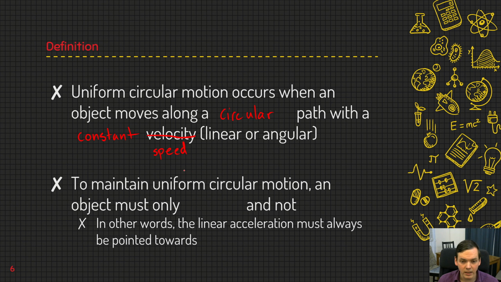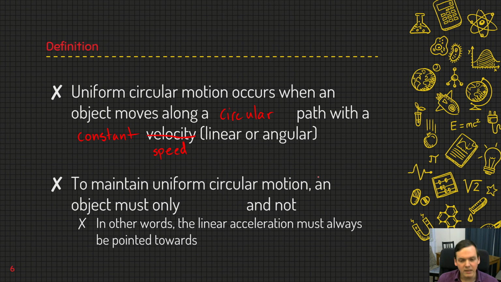And we can look at linear or angular speed more or less, because if it's going to be a circular path, then the only way you can keep it circular and have a constant linear speed is by also having a constant angular speed, and vice versa.